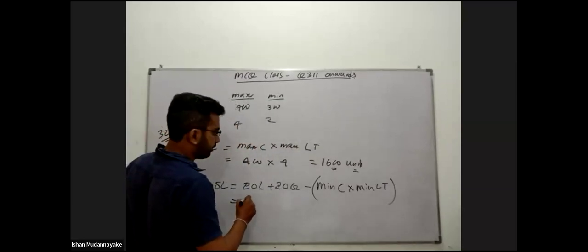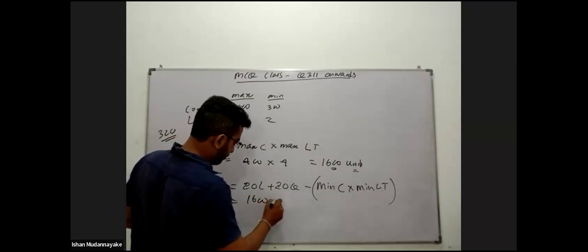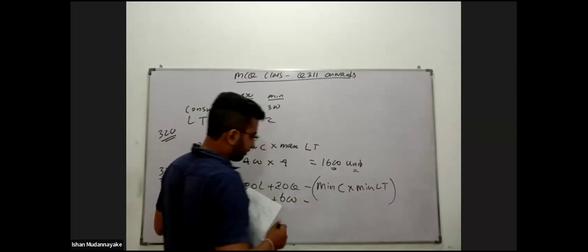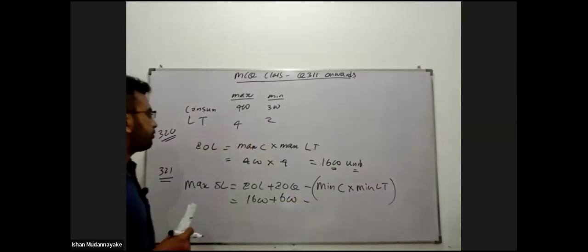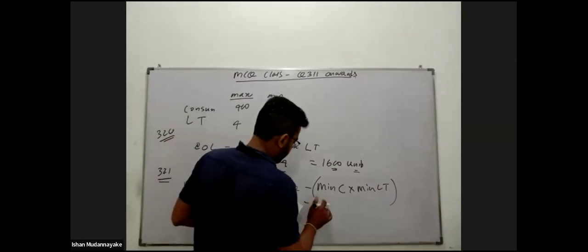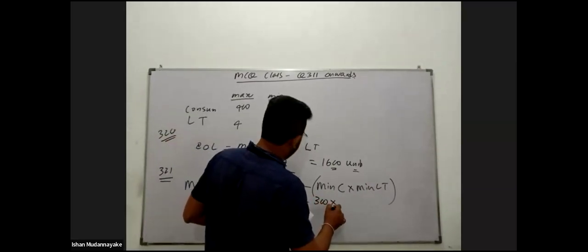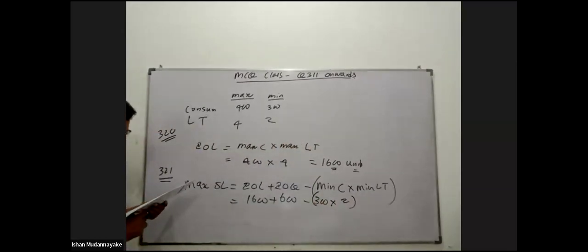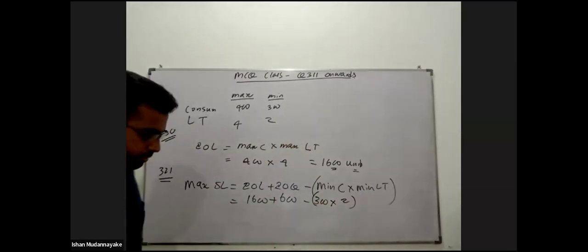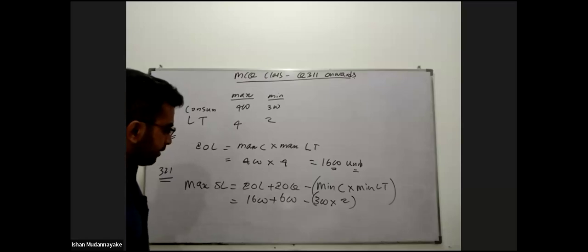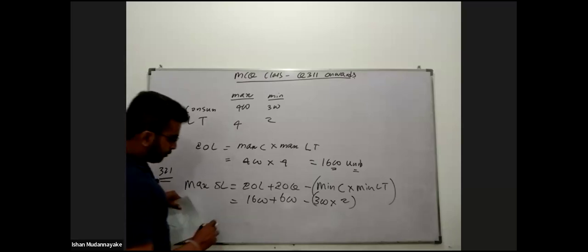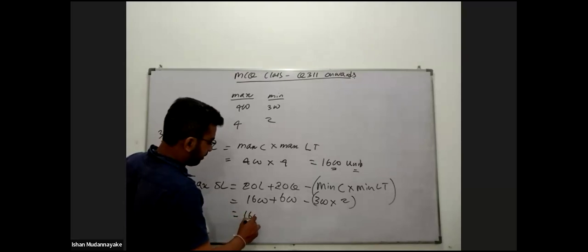Reorder level is 1,600, reorder quantity is 600, minimum consumption is 300, minimum lead time is 2. What's the answer?